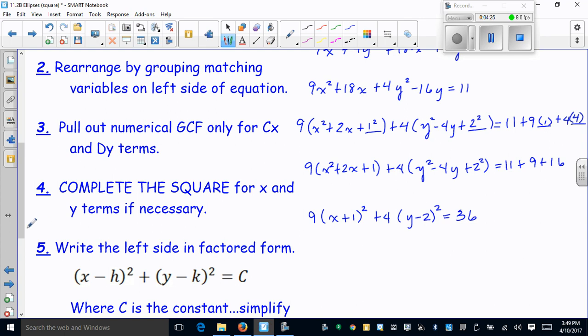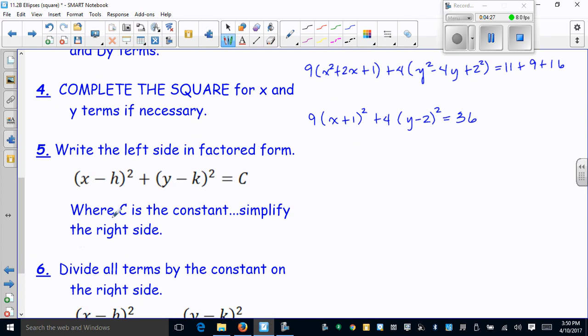Okay, so that's what we did. Divide all the terms by the constant, so I'm going to divide everything by 36, by 36, by 36. 9 goes into 36 4 times, so you get x plus 1 squared over 4 plus y minus 2 squared, and 4 goes into 36 9 times, over 9 equals 1. 36 over 36 is 1.